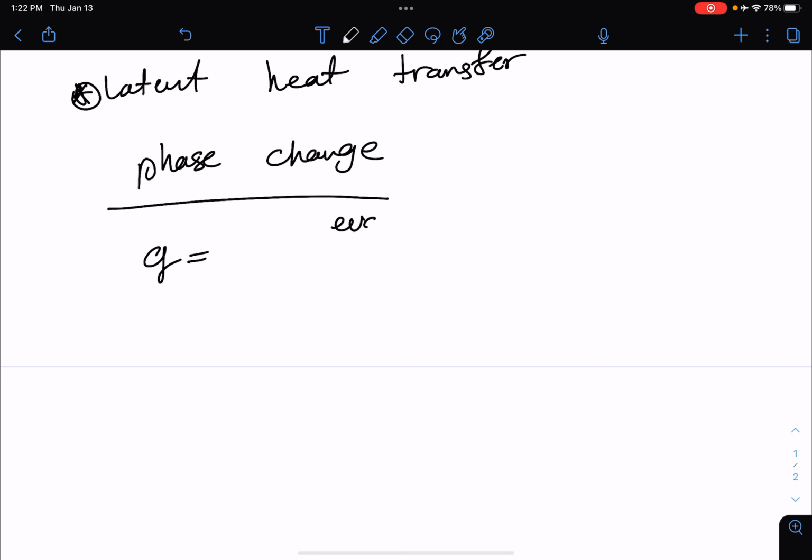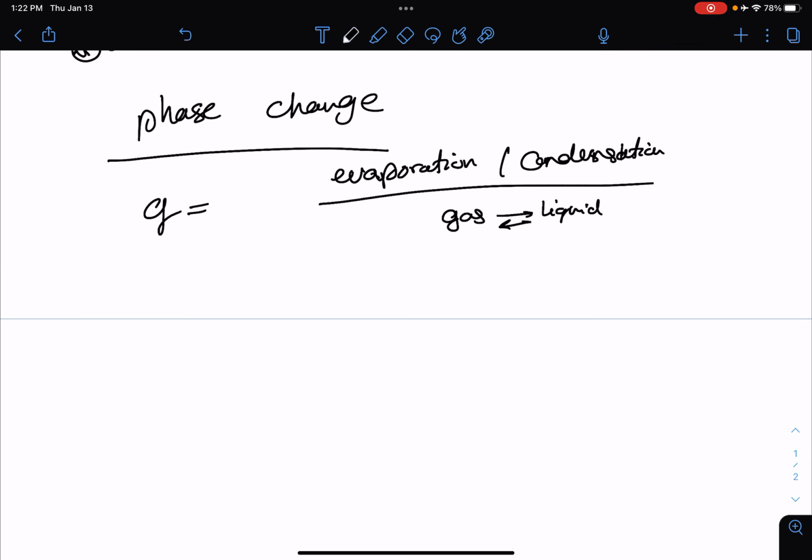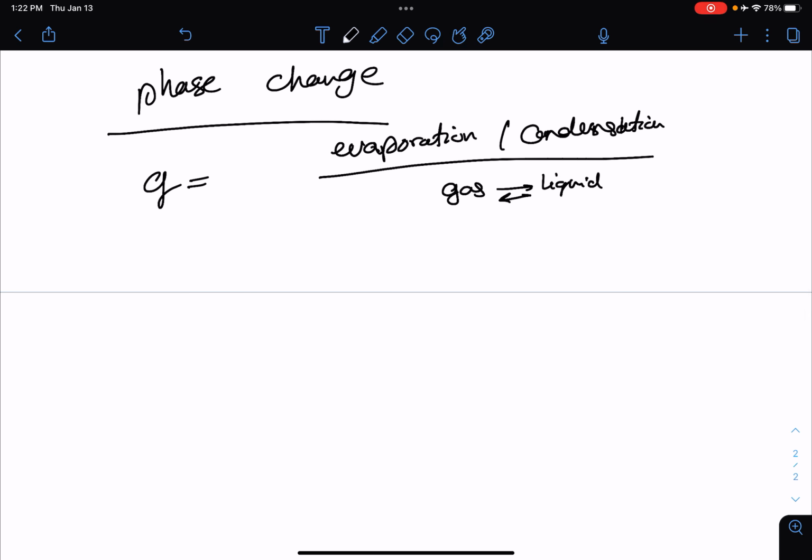If it's an evaporation or condensation process, meaning that we are going from gas to liquid or vice versa, then the total heat transfer is going to be equal to m dot multiplied by the heat of vaporization. This is called the latent heat of vaporization.